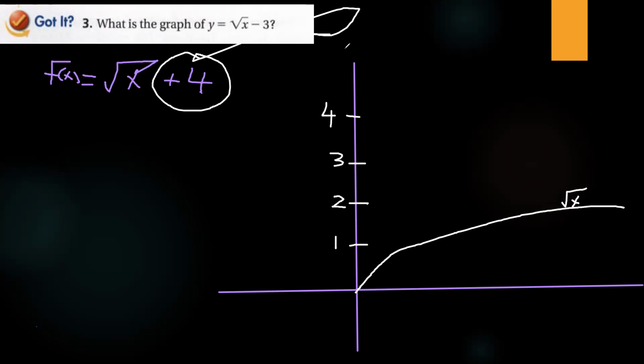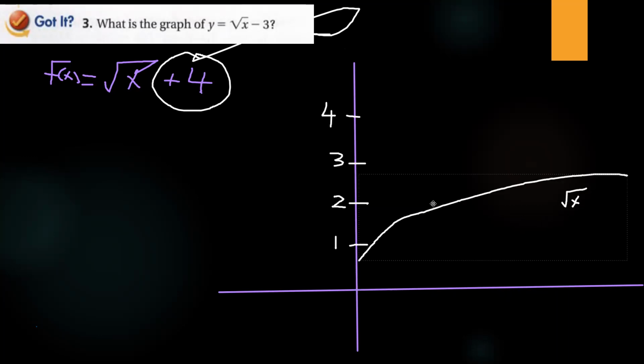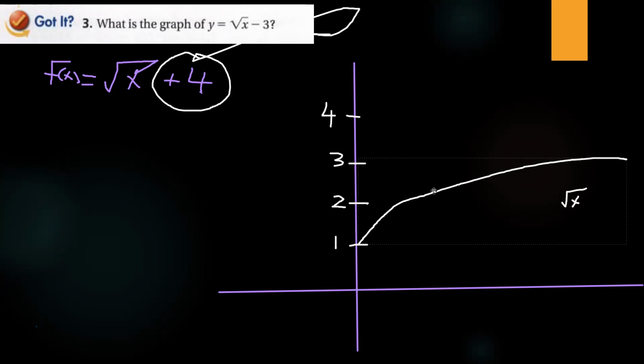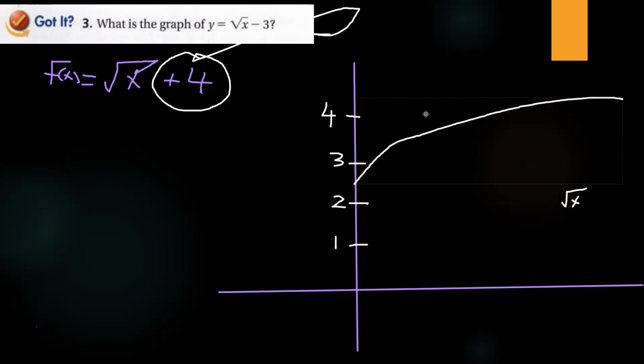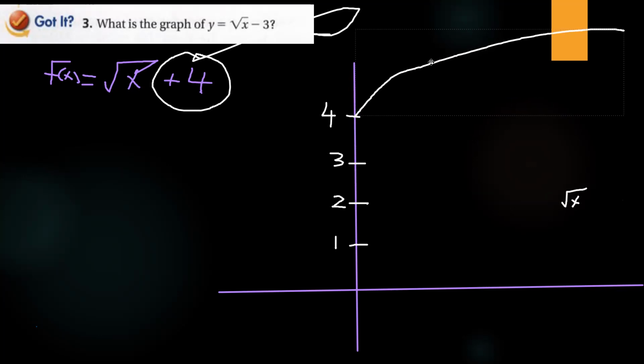So let's shift it up. Let's move it 1; that means the square root of x plus 1. I don't want it. Here, square root of x plus 2. I don't want it. Plus 3, plus 4. When I stop here, that means I shifted up 4 units. Is it clear now? Yes, teacher. Okay.